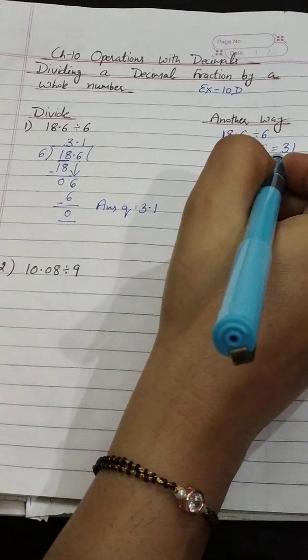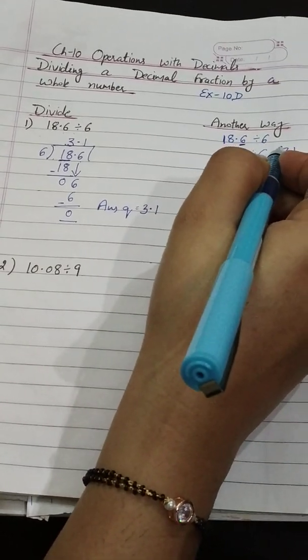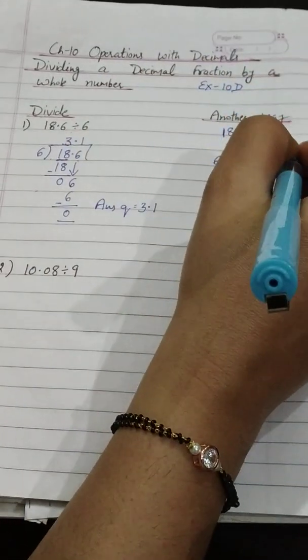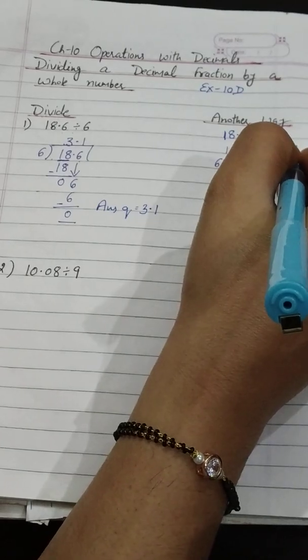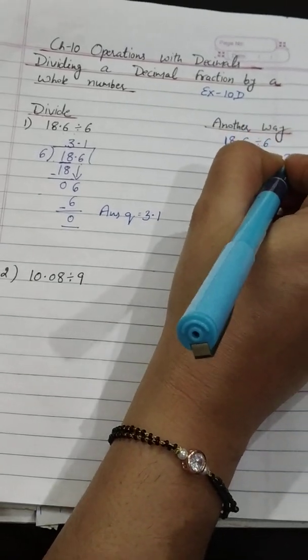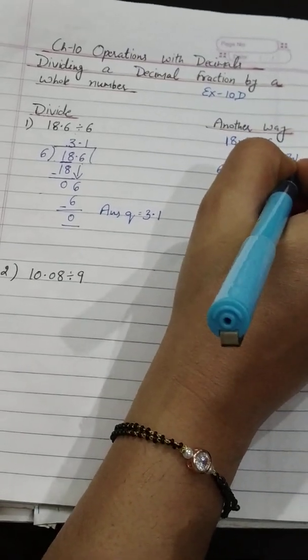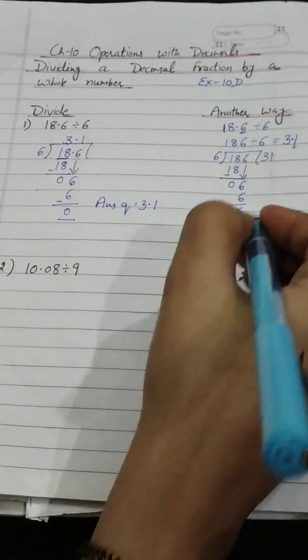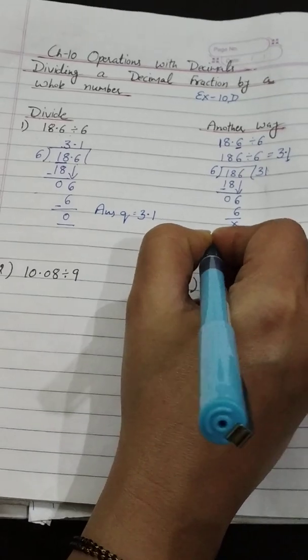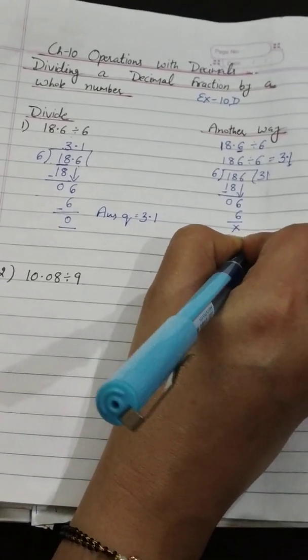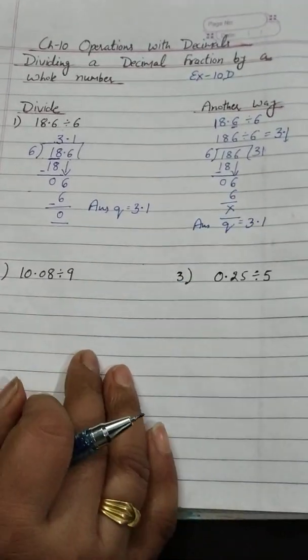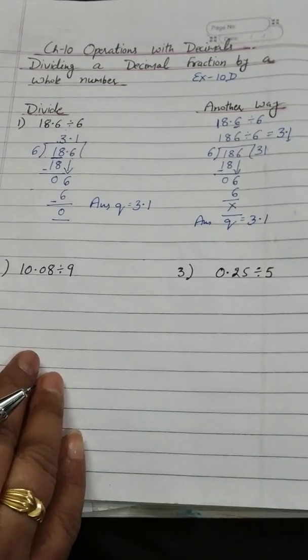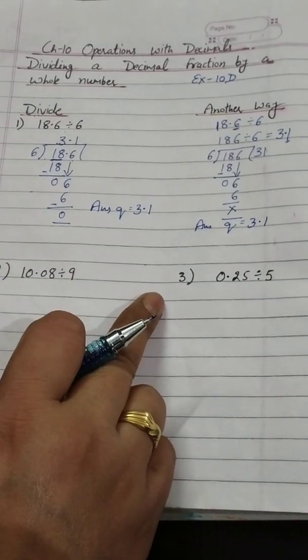So in 31 I start from the right and move one place to the left. So I will put the decimal point before 1. So this will become 3.1. So the quotient is 3.1. See, we get the same answer.